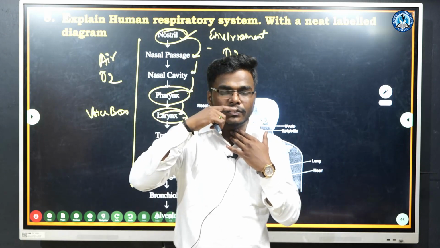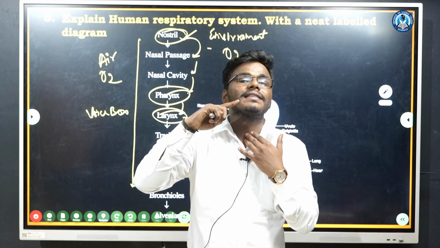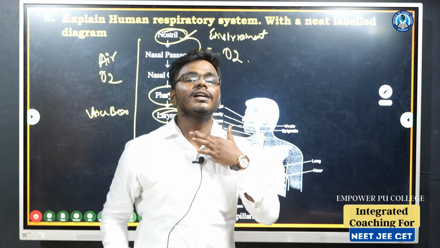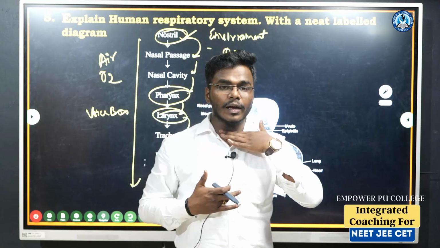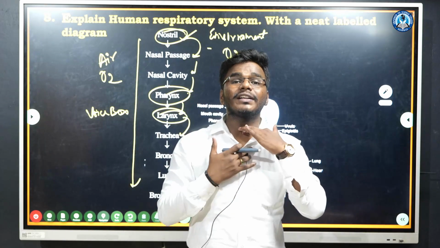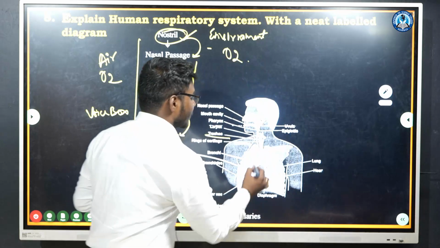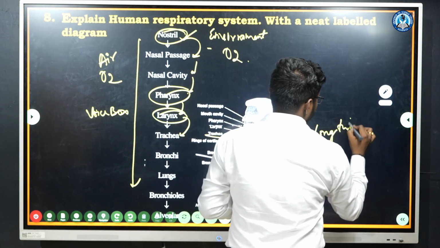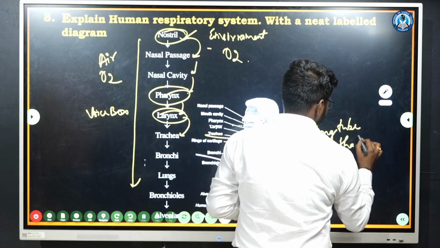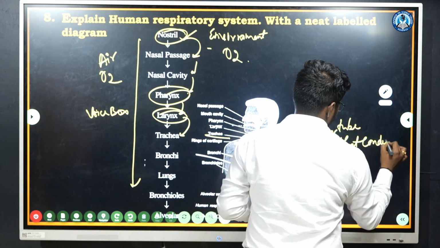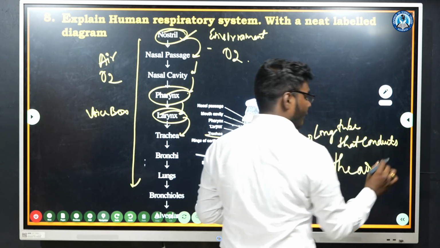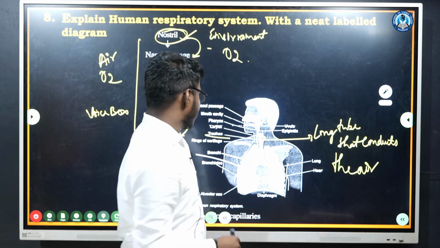The air passes from the nostrils, nasal passage, nasal cavity and the pharynx to your voice box. From here there is the presence of the trachea. The trachea is nothing but a long tube that conducts the air to the lungs.